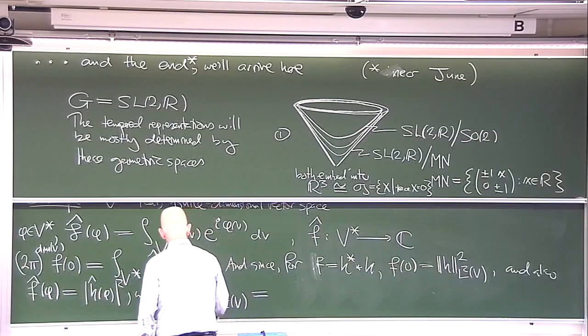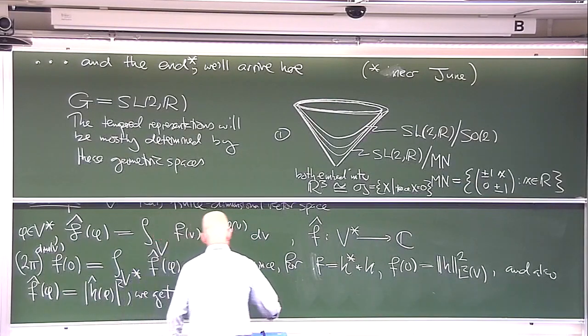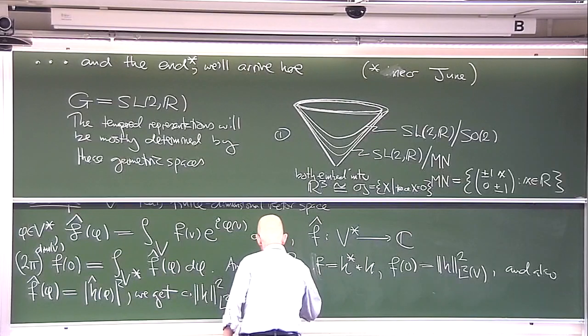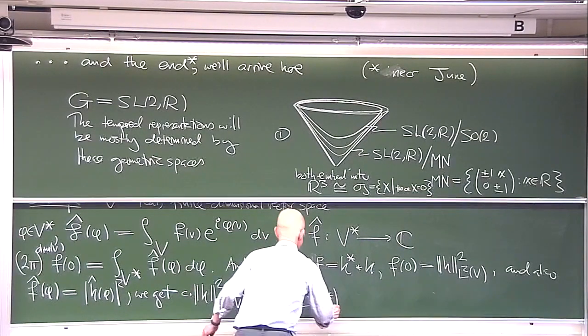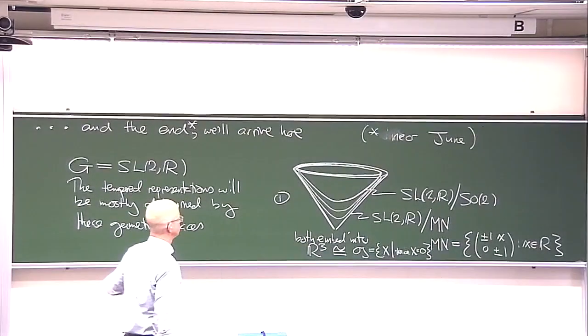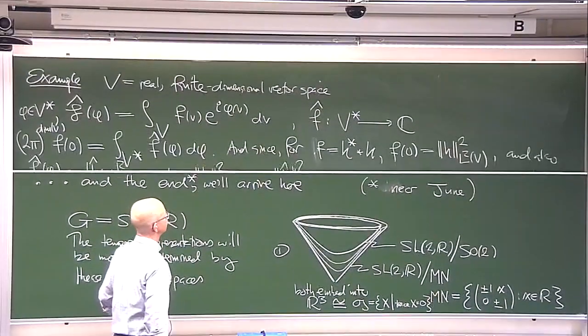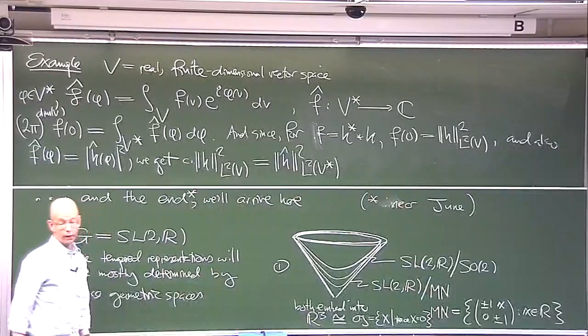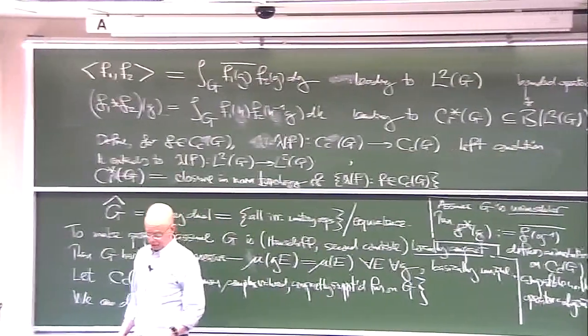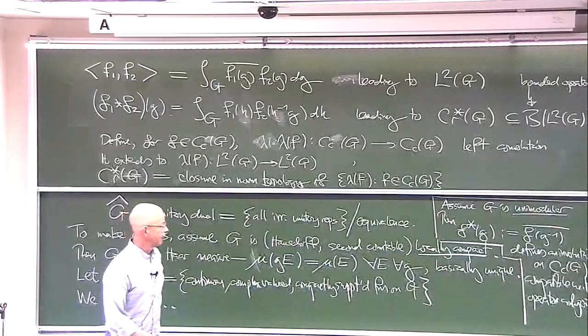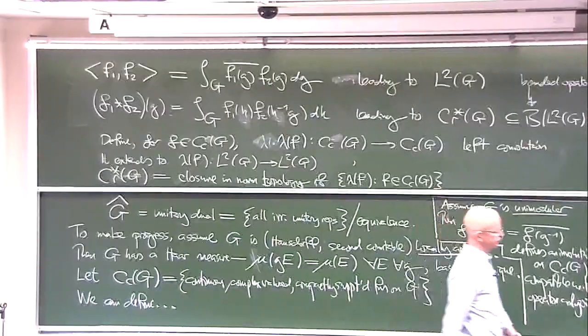Which says that, well, there's some constant, c here. So the Fourier transform is a unitary isomorphism after you adjust by a constant from L2 of V to L2 of V star.